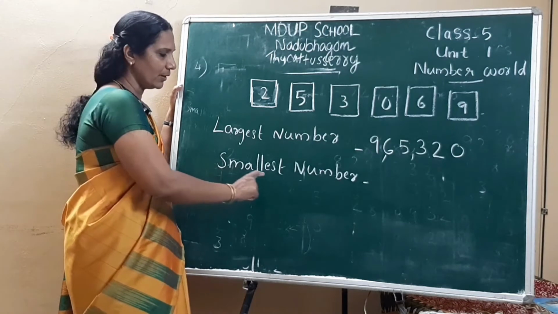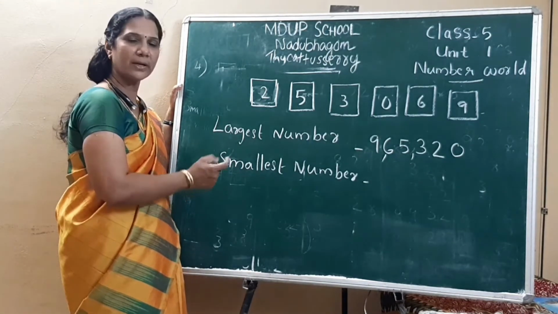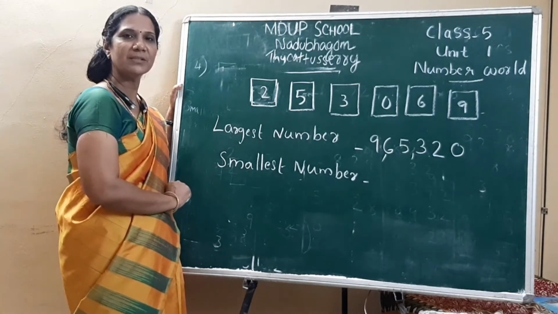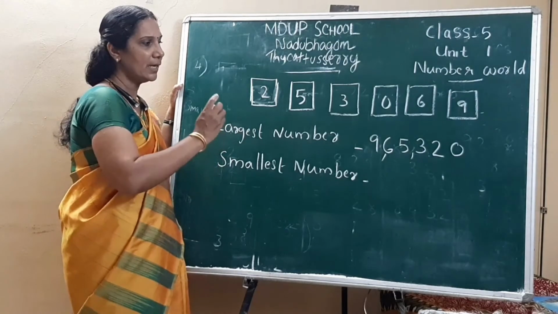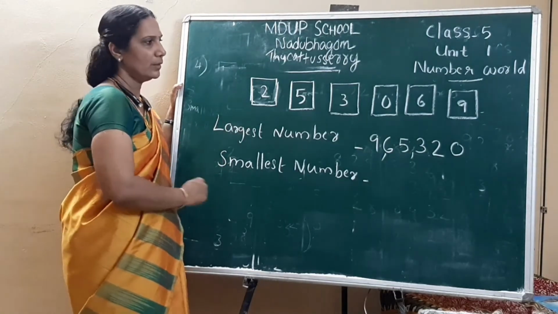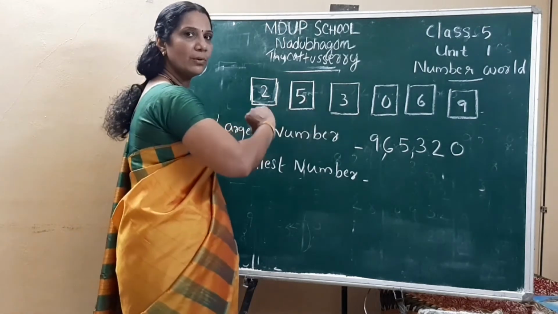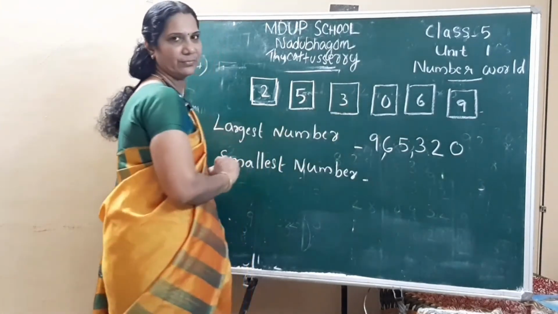Then next you want to find the smallest number. For getting the smallest number, what is the method? You want to arrange the digits in increasing order, smallest to largest. For that you consider the smallest digit firstly. Which is the smallest digit? 0.